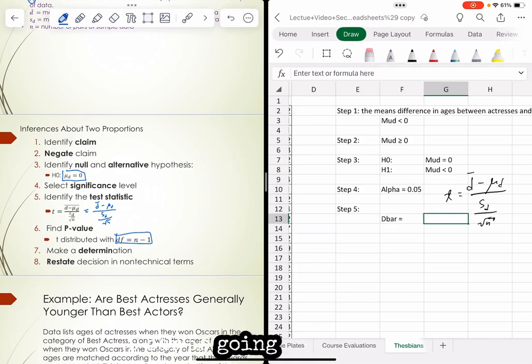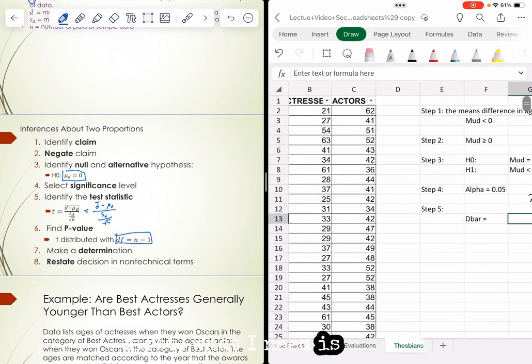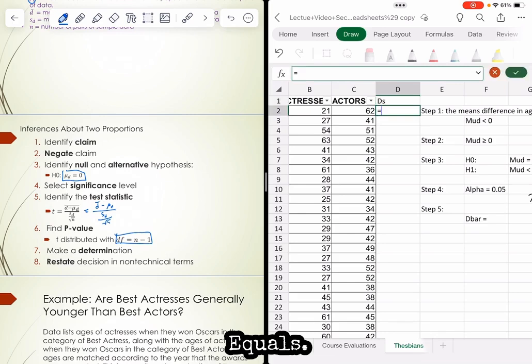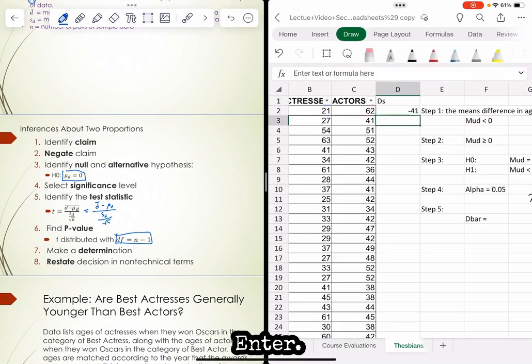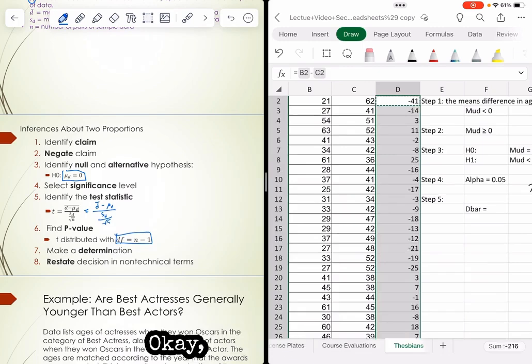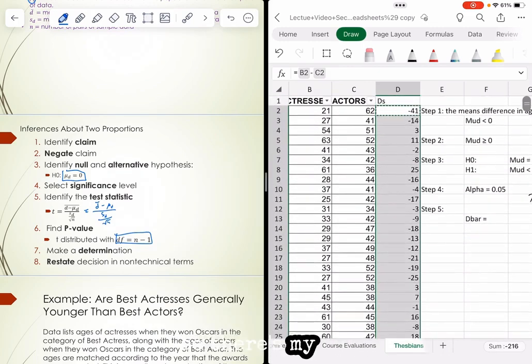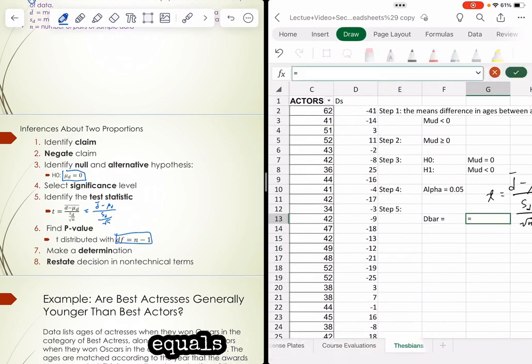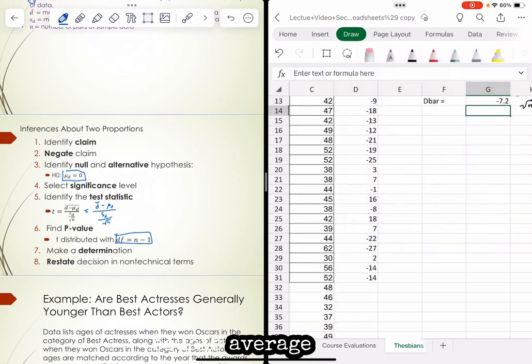D bar is going to equal, so first what I need is my d's. The differences equal actress minus actor. Enter, copy, just the first 30, paste. Okay, there, pasted it. So there's my d's. The d bar is the mean of that, equals average, enter.